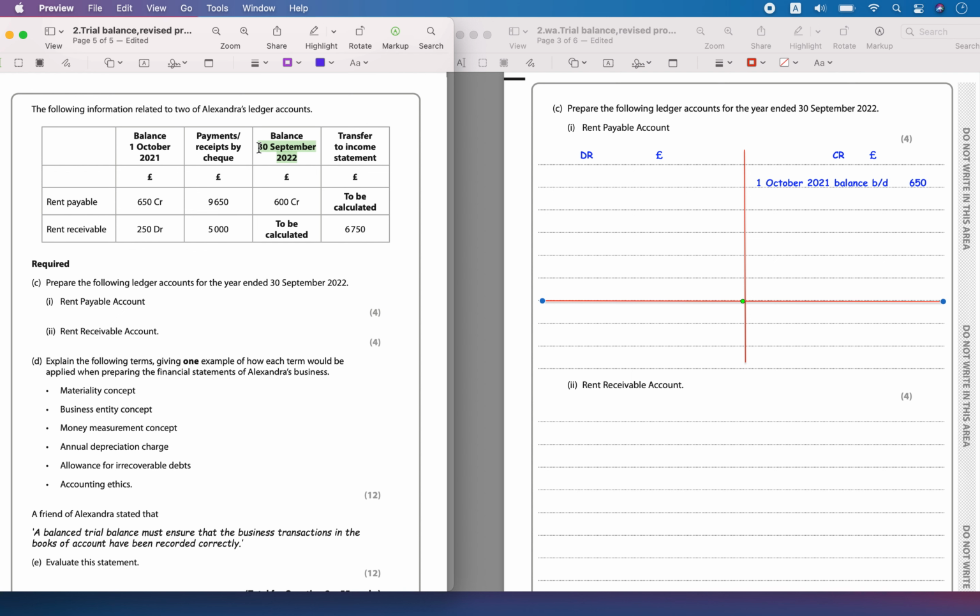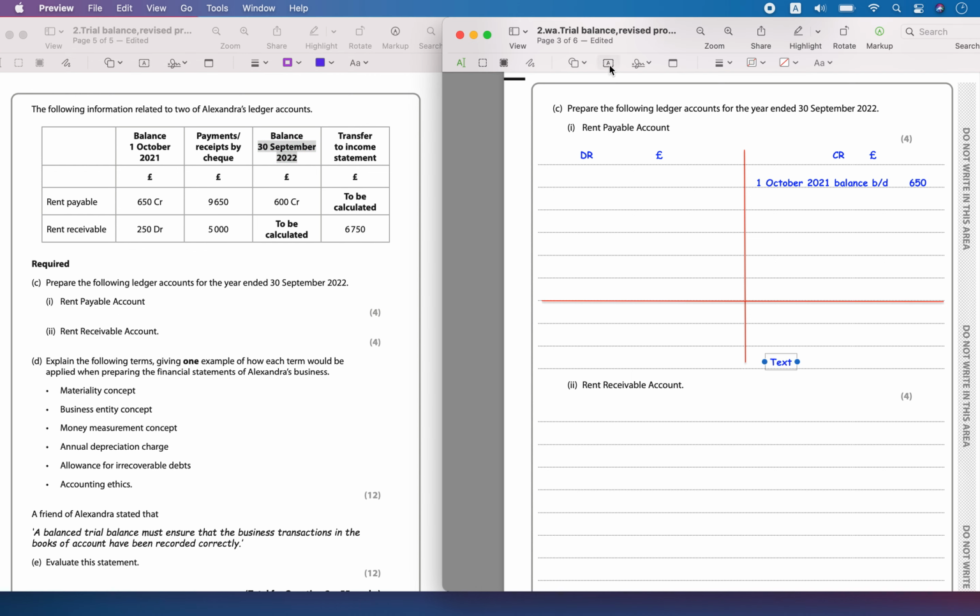The ending balance as on 1st October 2022, balance brought down, it was also credit, so I am going to write it on the credit side. Usually it's an expense account, it should have been on the debit side.